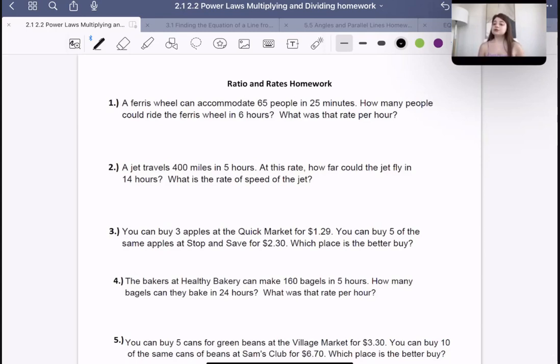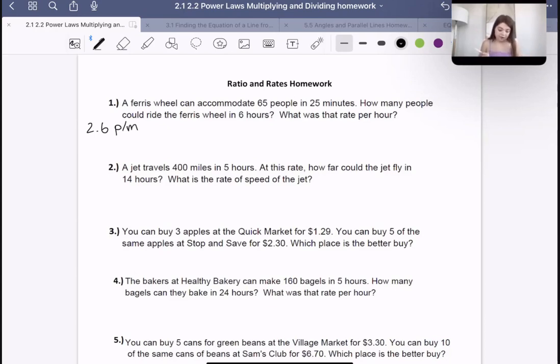What we must first do is find out how many people in 1 minute and then multiply that by 60. So we're going to do 65 people divided by 25 minutes to get that it's 2.6 people in 1 minute, right? So I'm going to write that down, 2.6 people per minute.